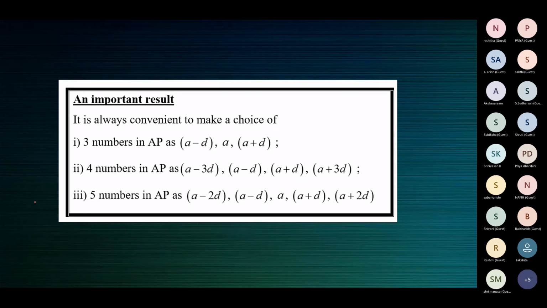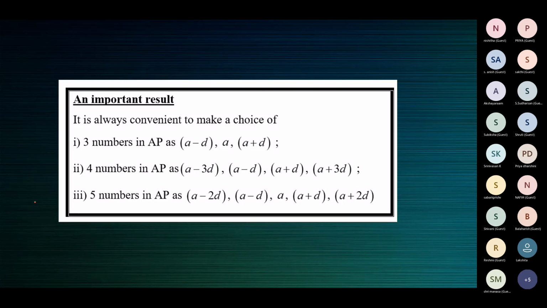Let the four numbers in AP be A minus 3D, A minus D, A plus D, and A plus 3D.